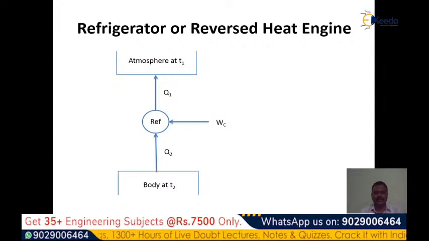That is very important. So here those directions are reversed. So when all the directions of the heat engine are reversed, that becomes a reversed heat engine, which is called a refrigerator.